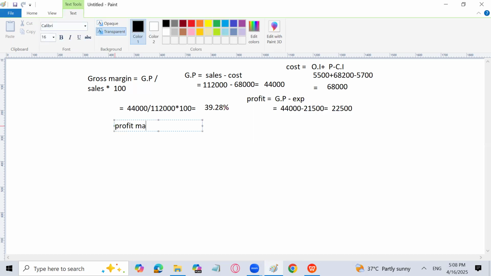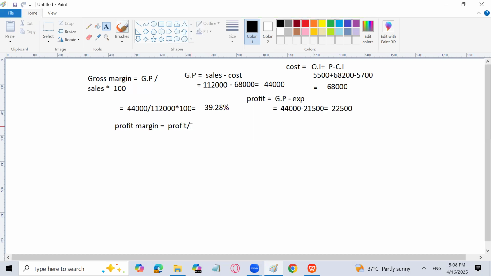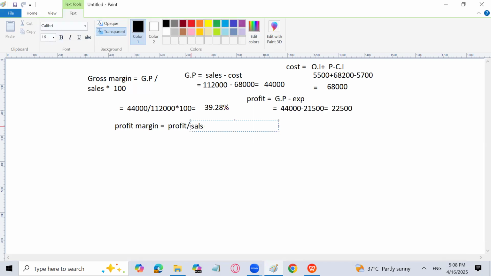So profit margin is going to be profit over sales into 100. Profit is 22,500 divided by sales, 1,12,000, multiplied by 100.